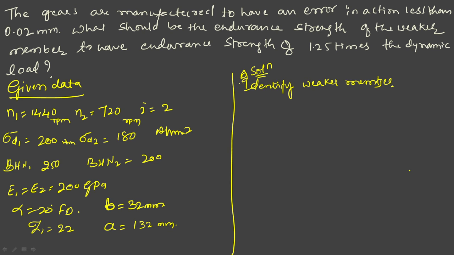You need Z1 and Z2. Z1 is 22, and Z2 equal to 2 into 22, which is 44. Material property is also given: sigma D1 and sigma D2. So first you find out which one is the weaker member.